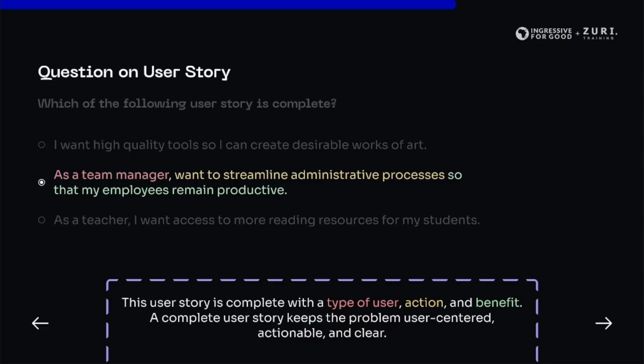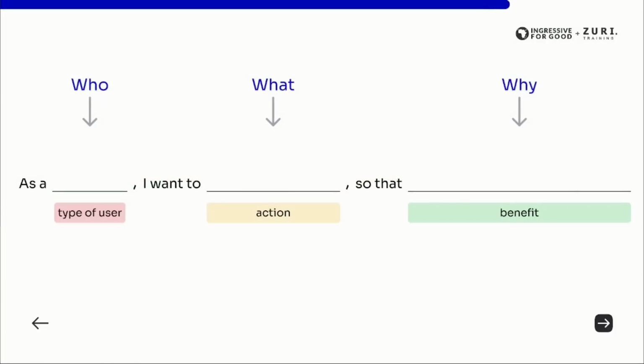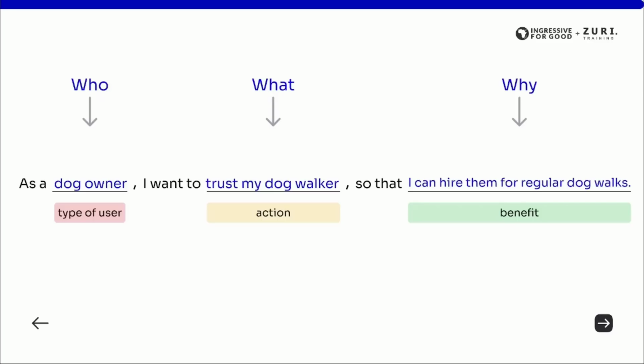Okay, so now let's think about a user story for an example we stated earlier from the user persona session we had before. As a dog owner, I want to trust my dog walker so that I can hire them for regular dog walks.